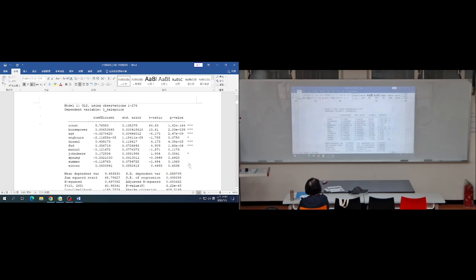What is this output? What kind of output is this? I said to you last week that my laptop's display was gone, so I was using my friend's one, with his help. So it was Gretl. From what package? Gretl.